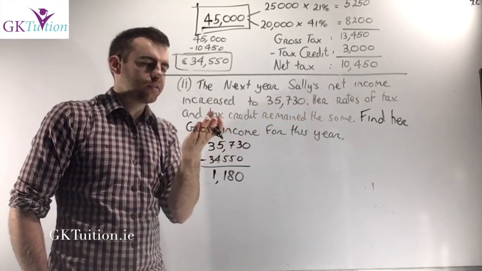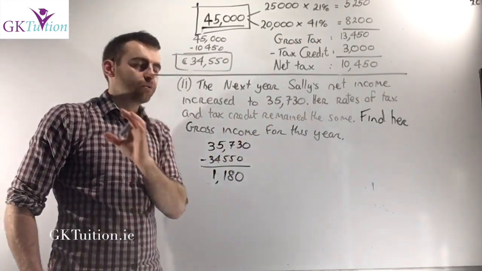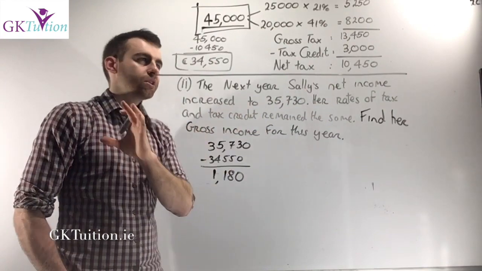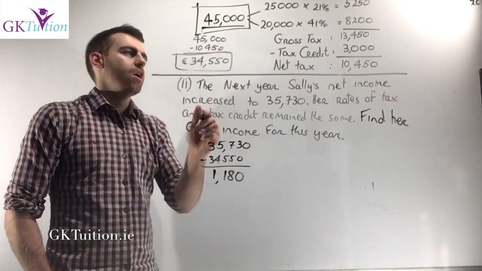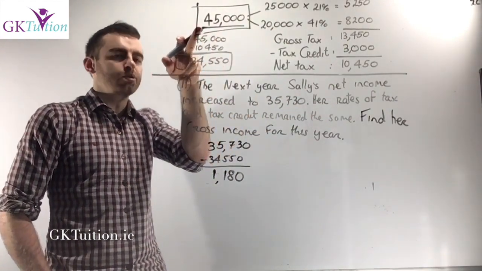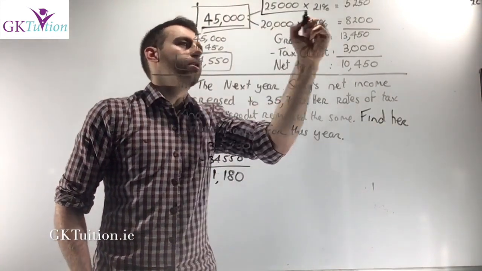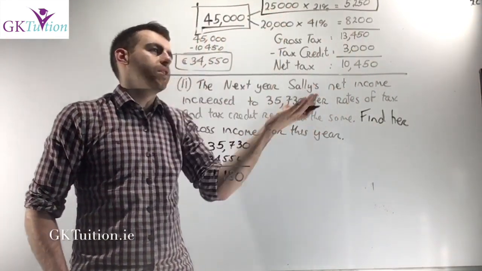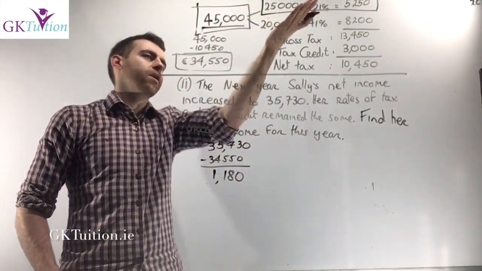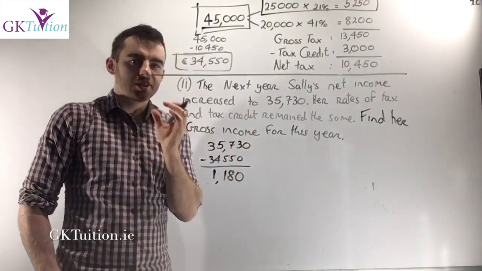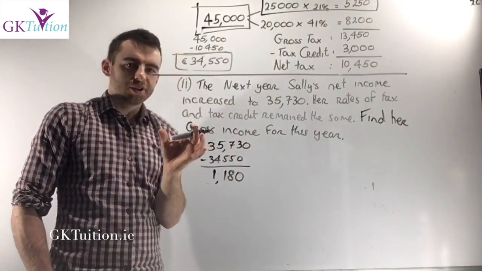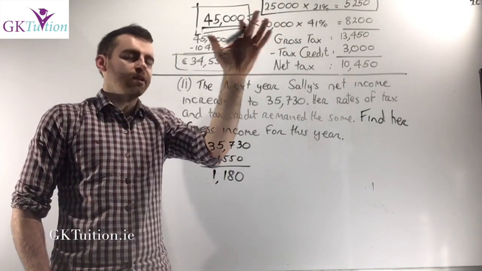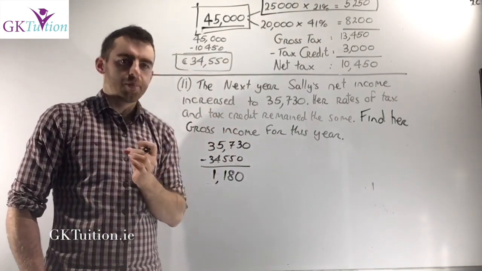We're told that her rates of tax remain the same, so the standard rate cutoff point this year would still be 25,000. So if this number was bigger, nothing would have changed in this line. This line would still be 25,000 by 21%. She's still going to be paying 21% tax on the first 25,000 euro that she earned.